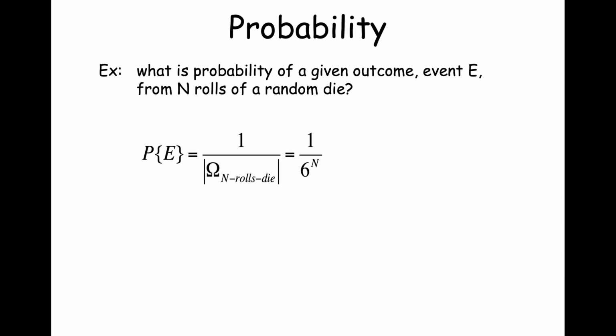So our sample space has 6 to the big N many different outcomes we can observe. We take the cardinality of omega n rolls of the die. We say 1 over that cardinality, which is 1 over 6 to the big N.